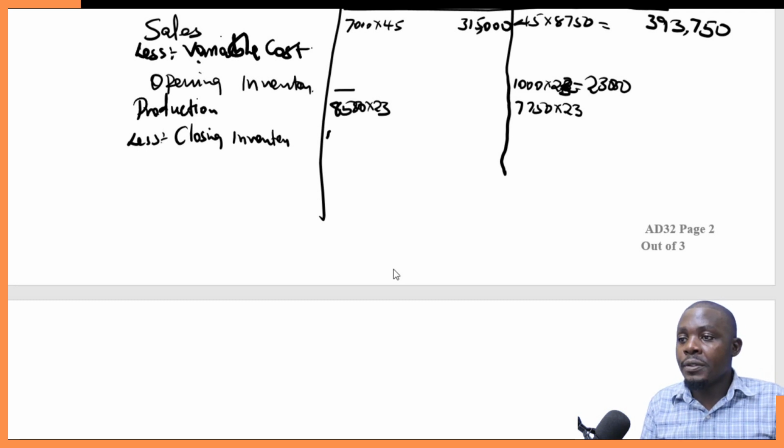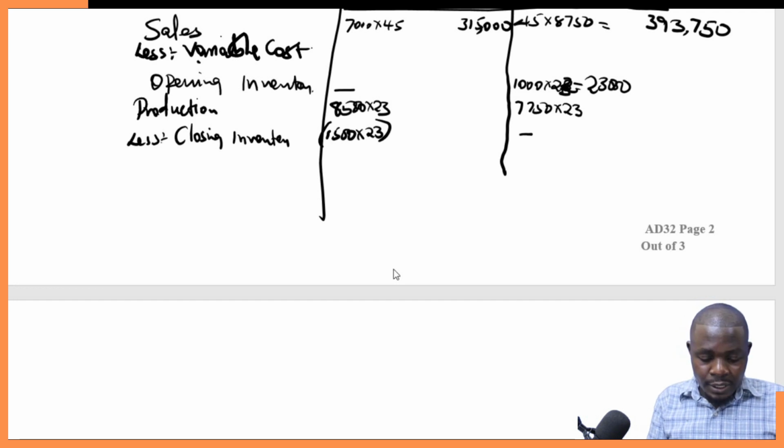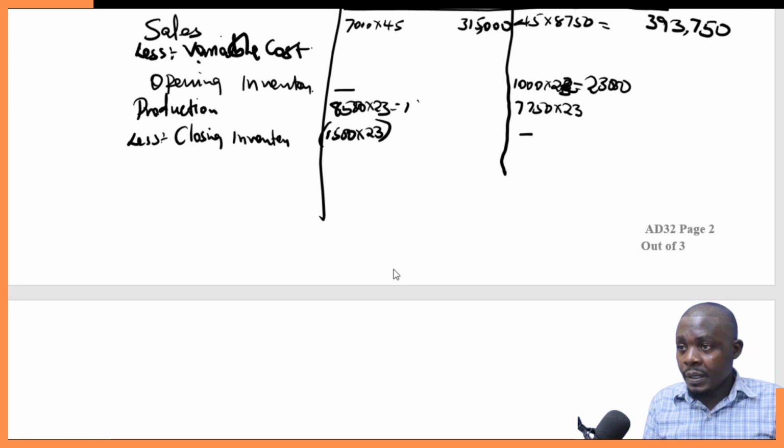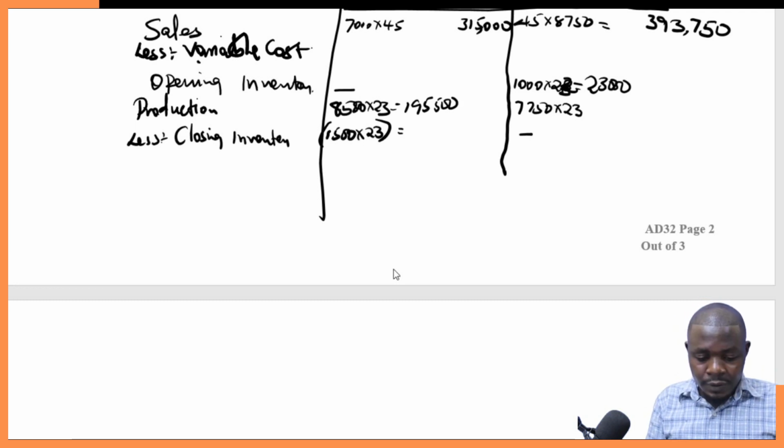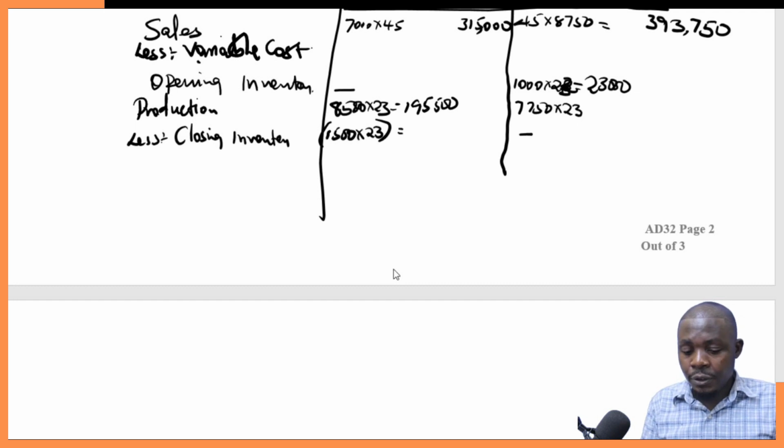Here we quote the closing inventory 1,500 multiplied by 23. The answer we get we minus, and here we didn't have anything. Multiplied by 23, you get 195,500, then 1,500 multiplied by 23 had 34,500.